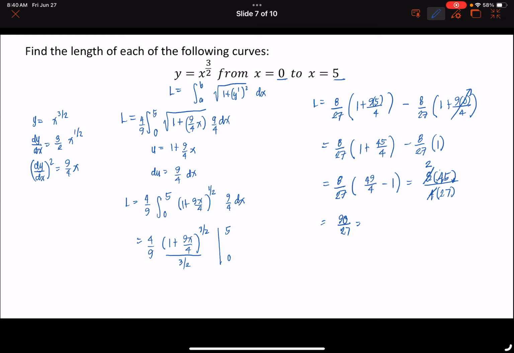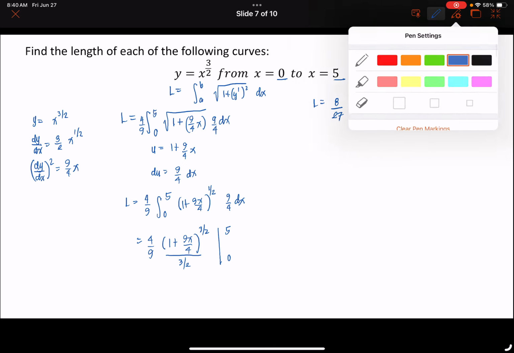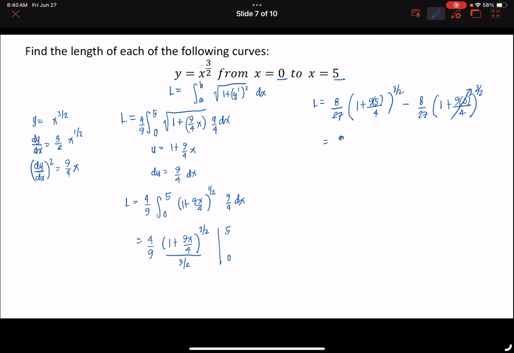Okay, sorry. This is to be raised to 3 over 2. Let's apply that correction. So that would be 8 over 27 times 49 over 4 raised to 3 over 2 minus 8 over 27 times 1 raised to 3 over 2.